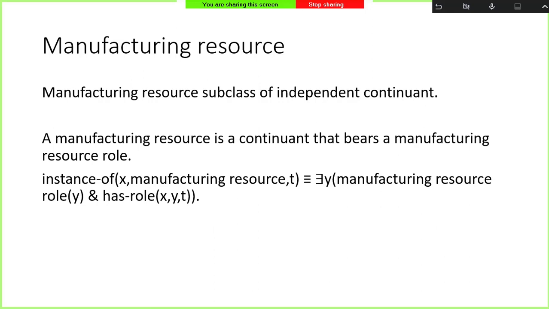All right, a manufacturing resource is a kind of independent continuant. So it could be a building, or it could be a brush to sweep up the metal, which has been the output of some lathe process.